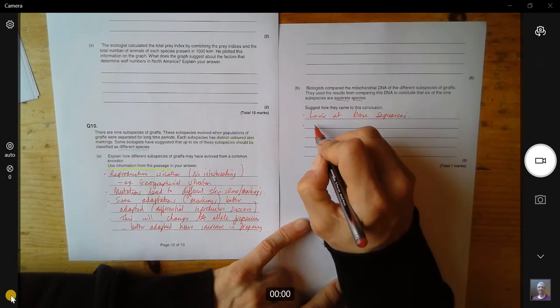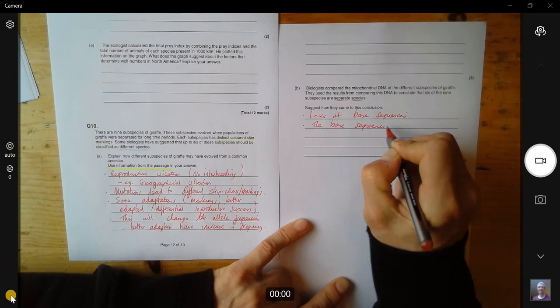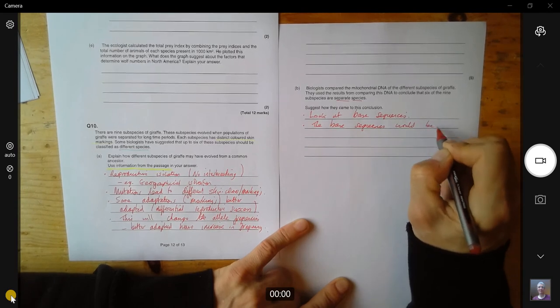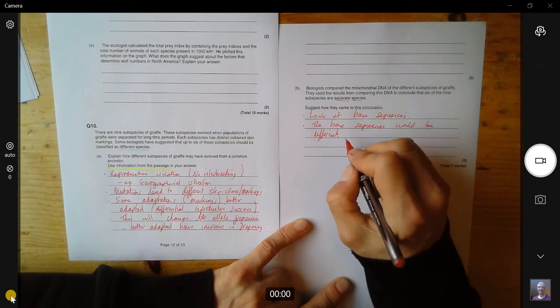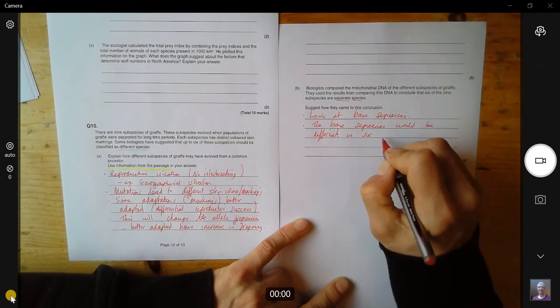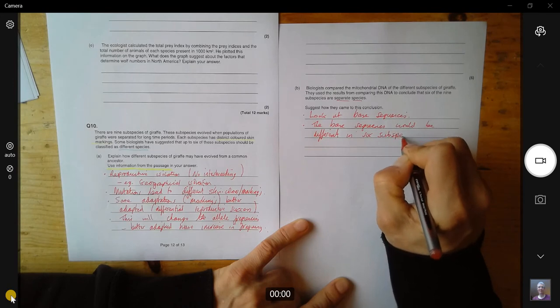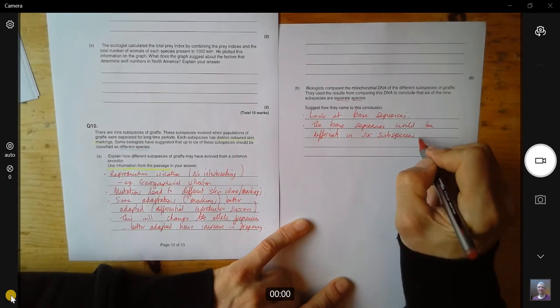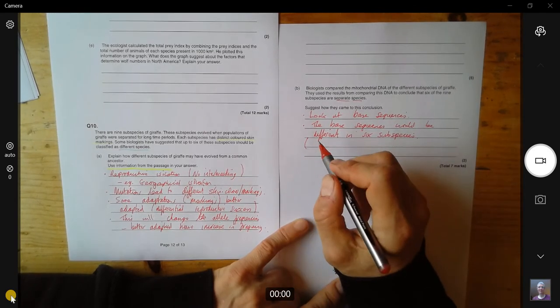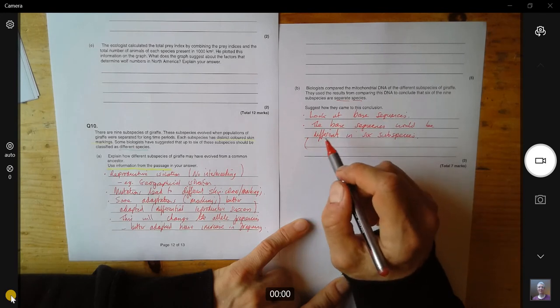So the base sequences would be different in 6 subspecies.